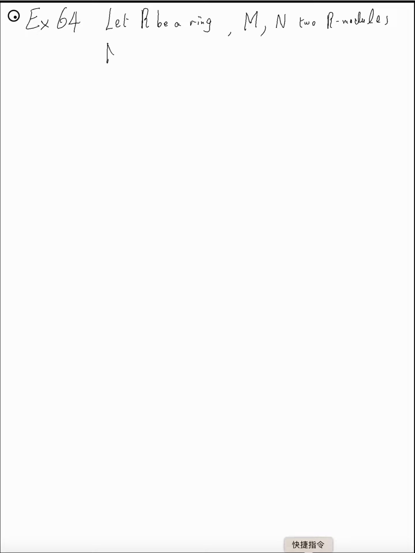And then we consider the tensor product of M with N. This is again an R module. So one is: M tensor N equals 0.